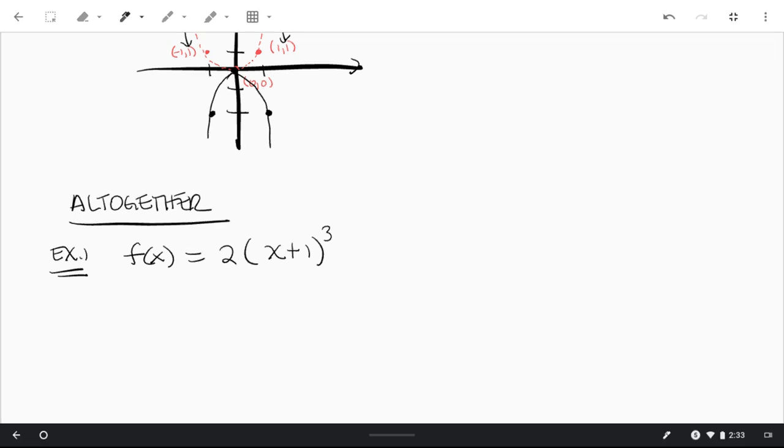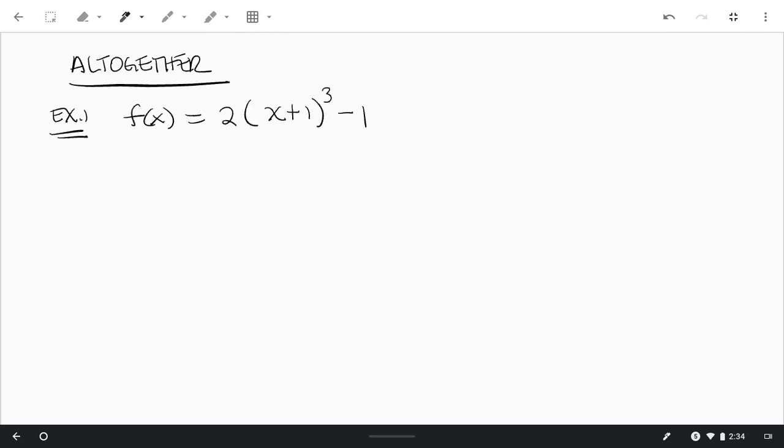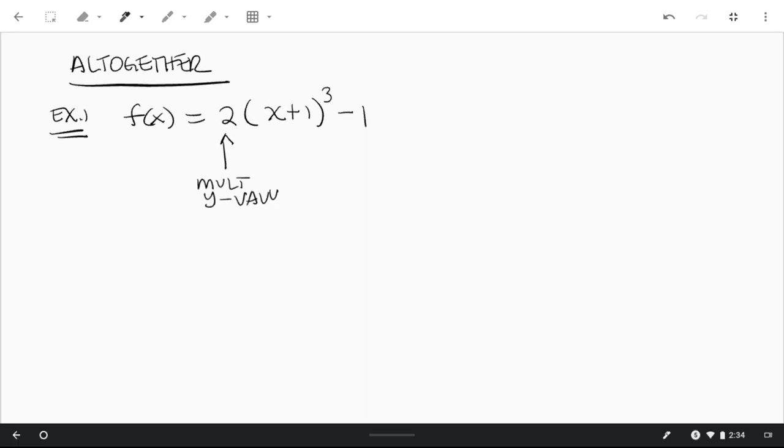Okay, so now we have all three things going on here. Okay, so I have this here. This is going to multiply my original y values. Okay, and this is the one that I'm going to do first.